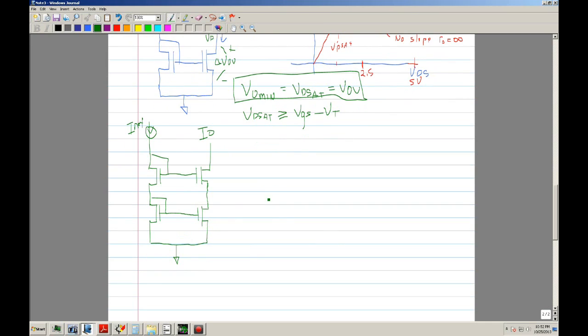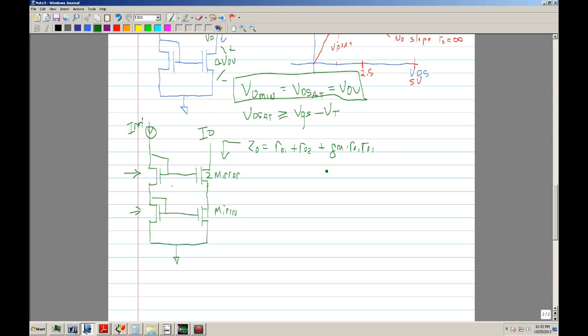This is the same thing. It's a mirror. These are your gate-drain connected MOSFETs, and these are your mirrors. Now when you look in here, the output impedance, Z out, is the exact equation, and let's say this is M1, M2, then the output impedance is RO1 plus RO2 plus gm times the product of both ROs.